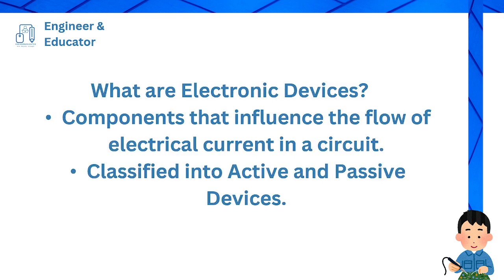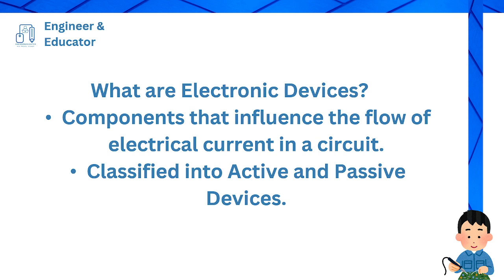First, what are electronic devices? We are going to study about active and passive devices. Obviously, you know that they are electronic devices, some basic electronic devices. So, what do you mean by an electronic device? The components that influence the flow of electrical current in a circuit are called electronic devices.